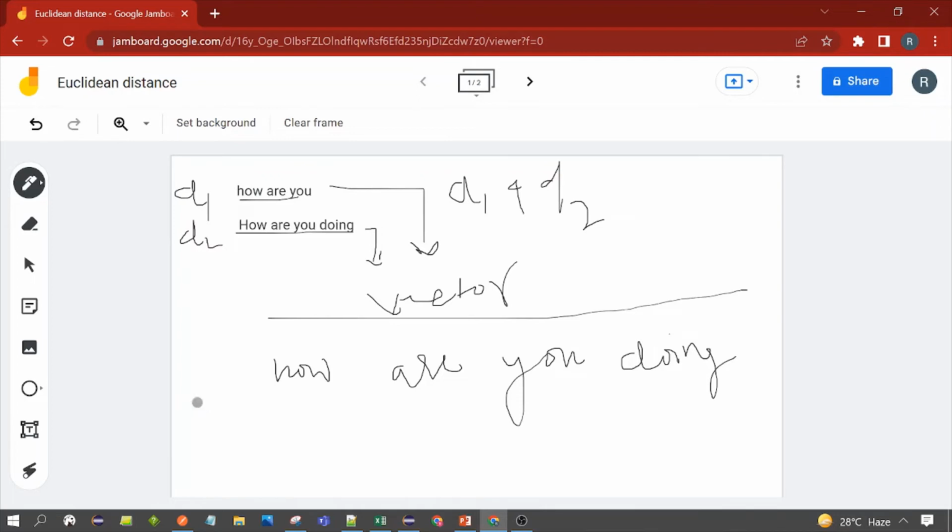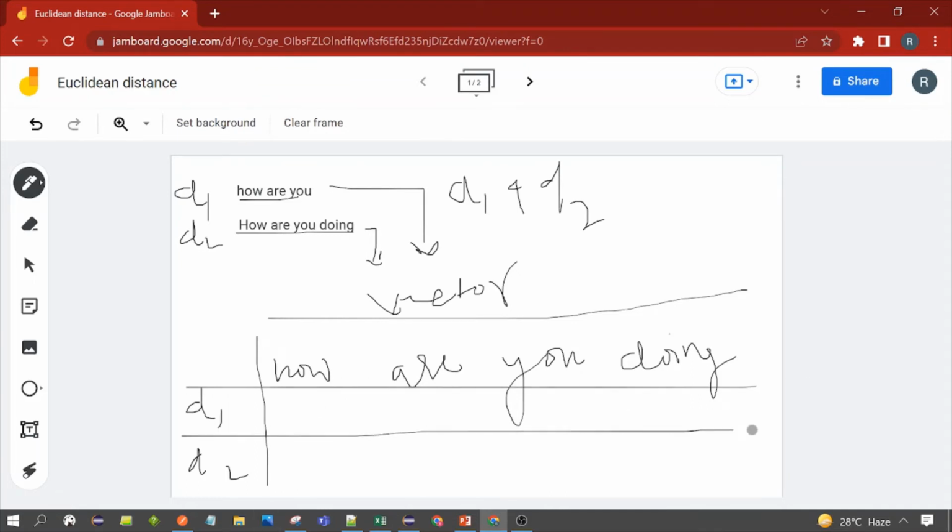Then we need to find the vectors. So for that we can write d2 and d1 like this. First let's see d1. The first term of d1 is how. It is present, yes. Are, yes. You, yes. Doing, no. Let's see the second document, how are you doing. First is how.